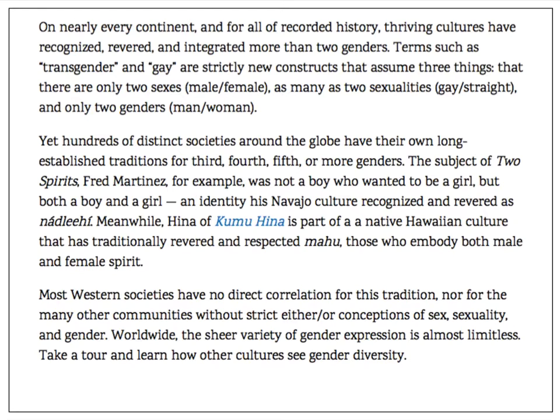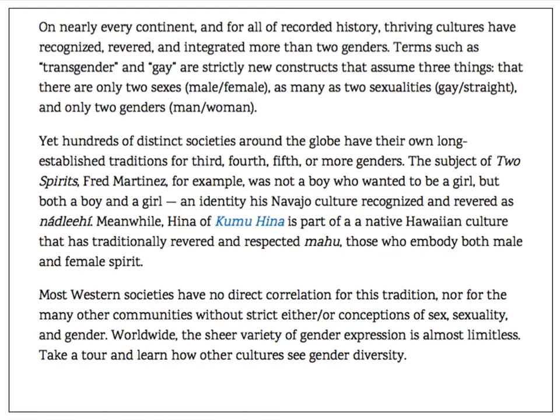This slide comes from the website from PBS Independent Lens and their Two Spirits map. On nearly every continent and for all of recorded history, thriving cultures have recognized, revered, and integrated more than two genders.